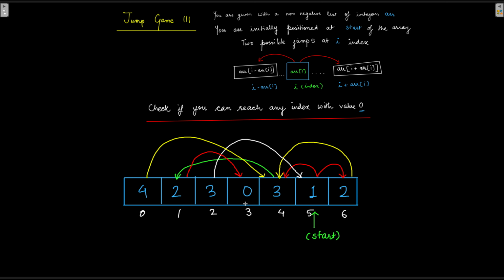We have reached a place that contains 0 as the value, so we return true from here, and that's where the question is solved. But this was slightly easy. What if there was a condition where 0 could not be found in such a way? Then we would return false.